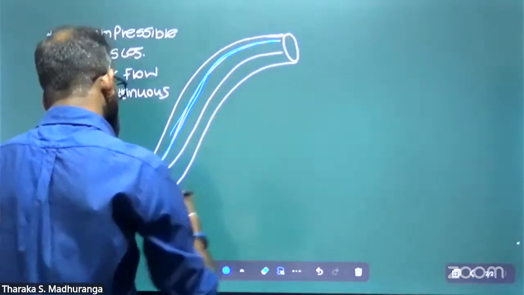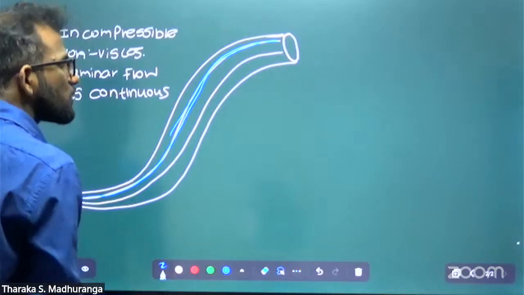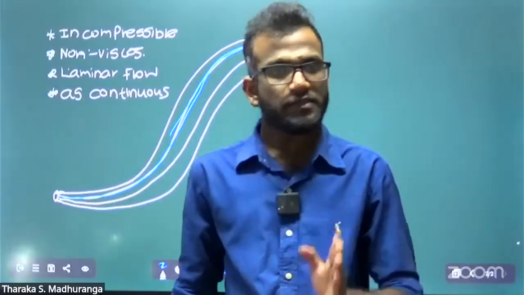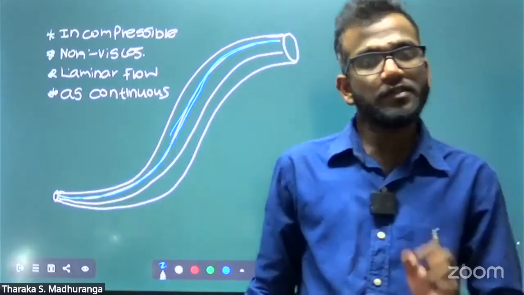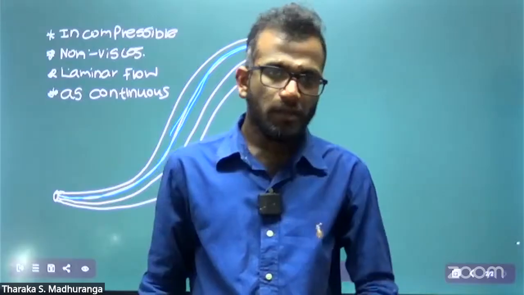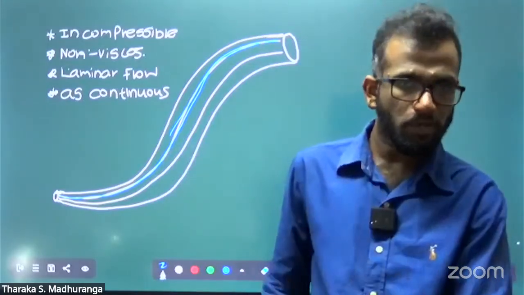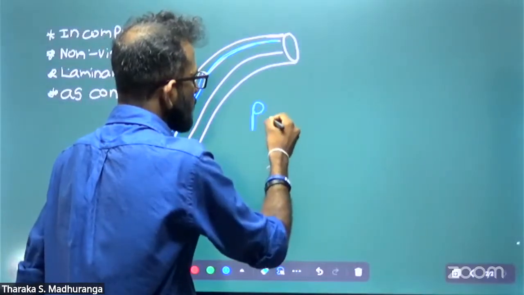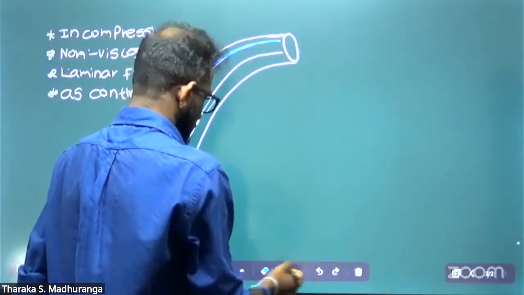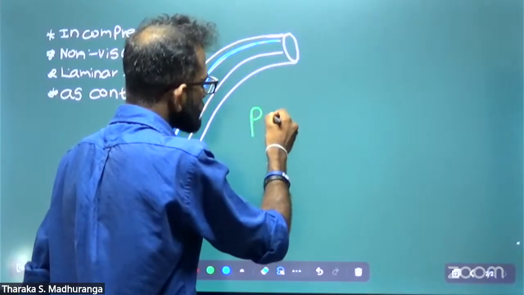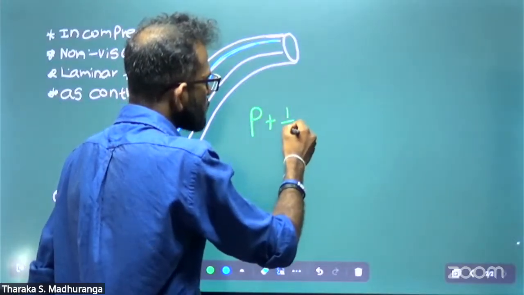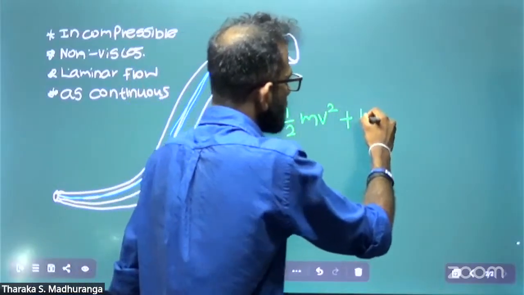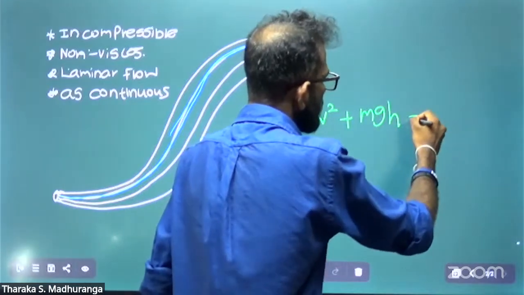What is the meaning of total energy? Total energy means pressure plus kinetic energy plus potential energy. Then we can say pressure plus kinetic energy, half mv squared, plus mgh equals a constant.